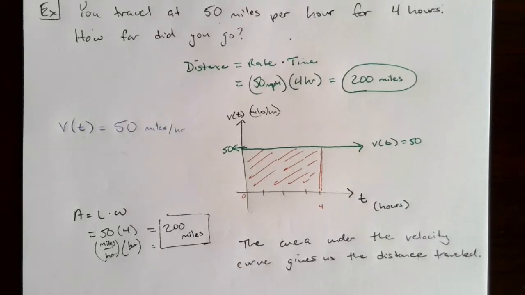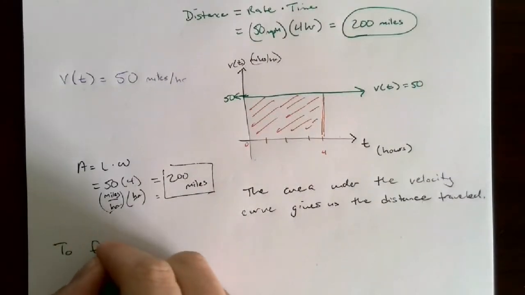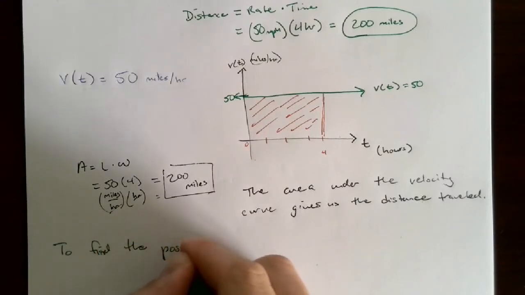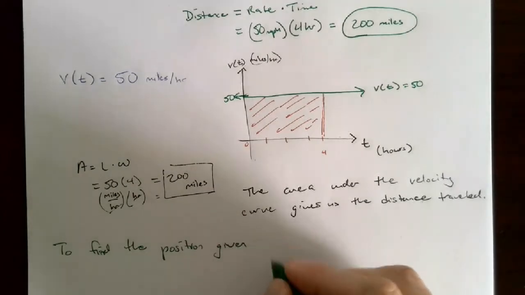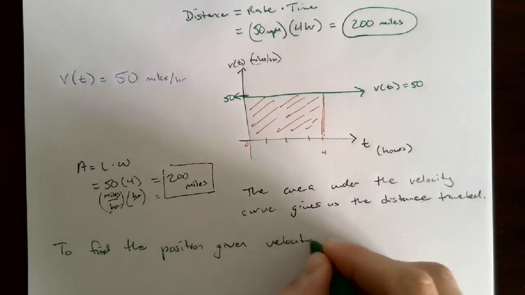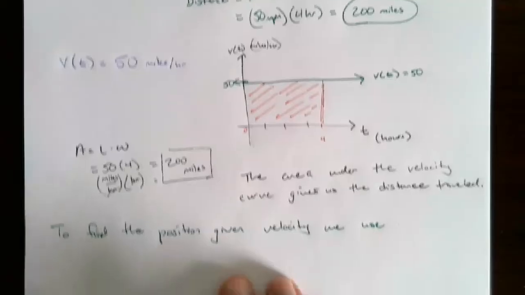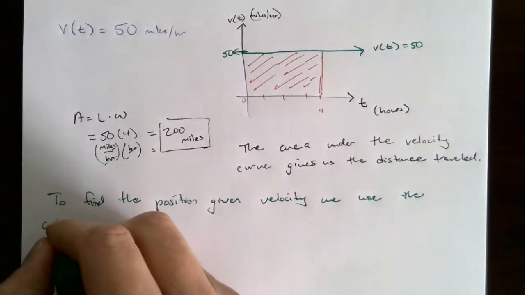Now, to find the position, we want to use the antiderivative. All right, so to find the position given velocity, we use the antiderivative.